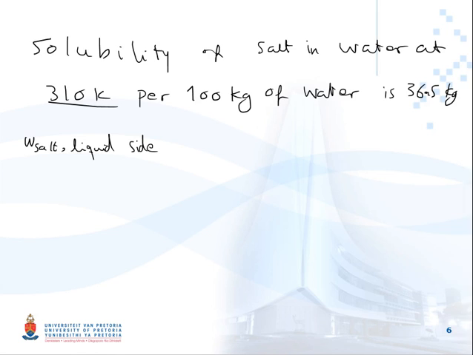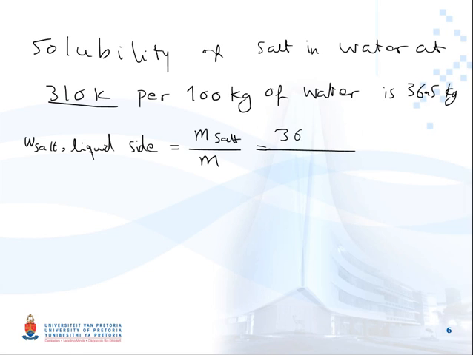On the liquid side, we calculate it as the mass of salt over the total mass. What is the mass of salt? We said that for every 100 kilogram of water we have 36.5 kilogram of salt.